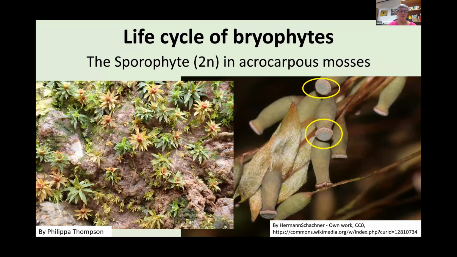We've already looked at this particular species, and we said it's a dioicous species. But the interesting thing about this is that the capsule is very different from other bryophytes.